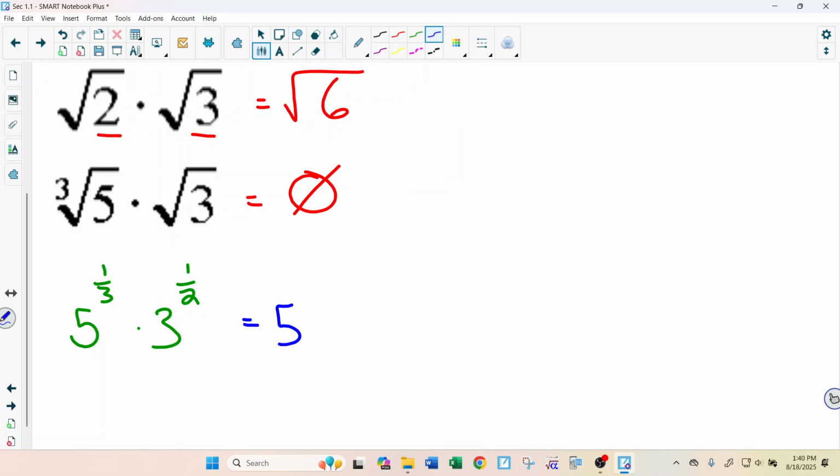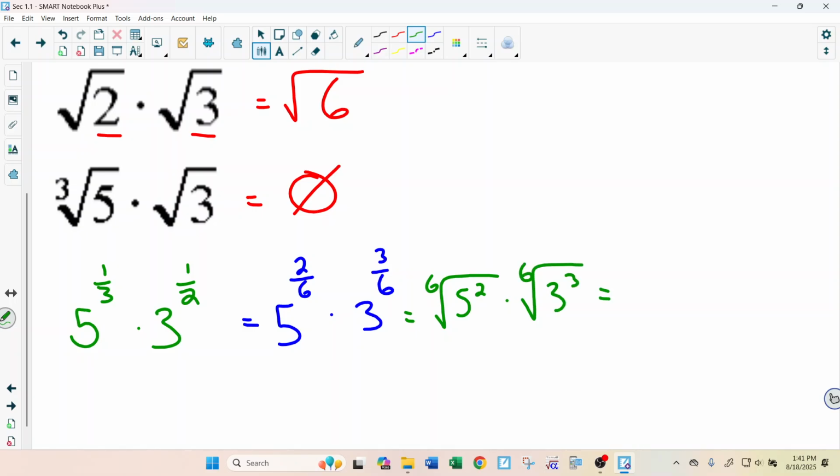We could change 1/3 to 2/6 and 1/2 to 3/6. Now, when I multiply both of these, technically that is the 6th root of 5 squared times the 6th root of 3 cubed. So this technically would be the 6th root of 25 times 27. So you could do that, okay?